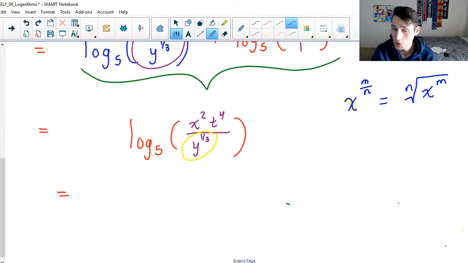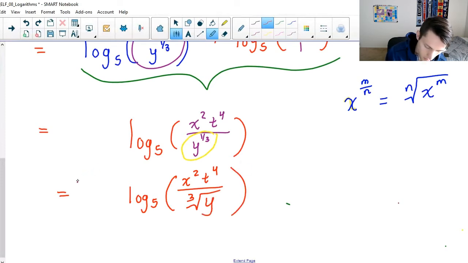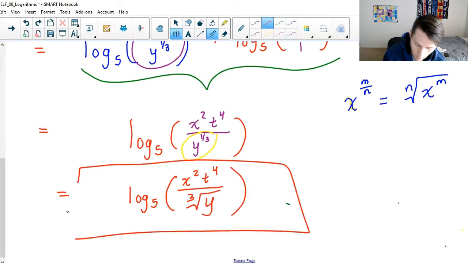So I'm going to do that just for the sake of doing it, so that we can remember and practice doing it. So log base 5, x squared t to the 4th over the cube root of y.